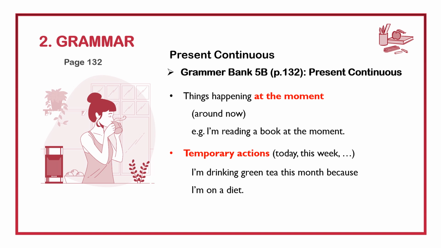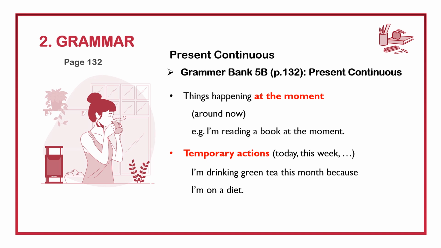And another case is when you talk about temporary actions that are in progress right now, that are happening around now, in longer periods of time, like today, this week, this month. For example, I'm drinking green tea this month because I'm on a diet.